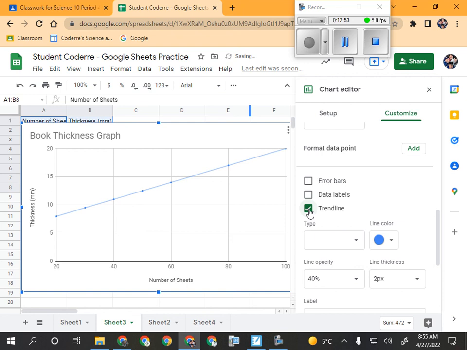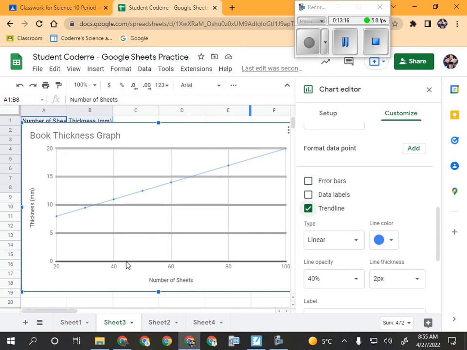As soon as we do that, you'll see a line goes on there. On this particular graph, because it's a very simple graph, it goes through every point. That's very rare. Very, very rarely does the best fit line go through every single plotted point. In fact, there's a good chance it goes through none of the plotted points on most graphs. But it does follow their trend, in this case going up.